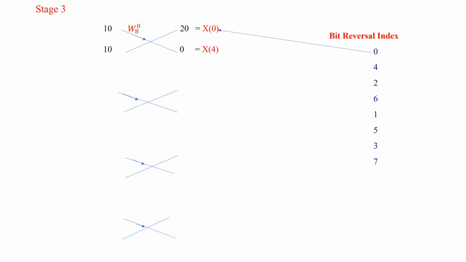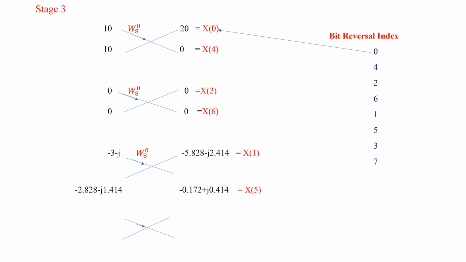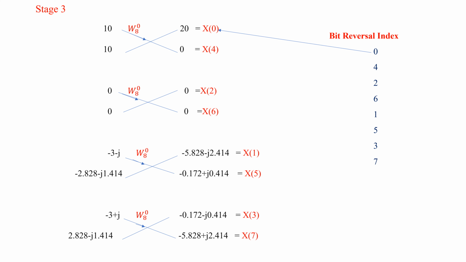After stage 3, we got the output, but the output is in the bit reversal form. So we are comparing this output with the bit reversal index. Our first output is x of 0, but the second output is x of 4. That index of 4 is in the bit reversal order.